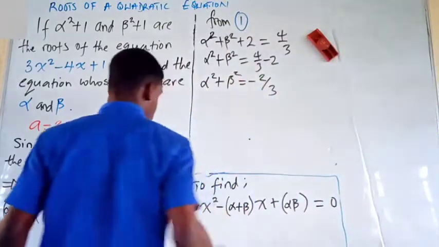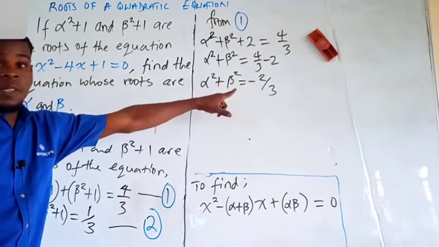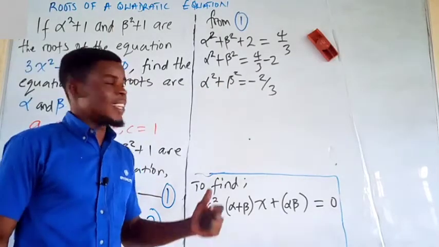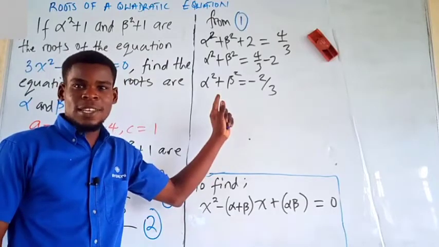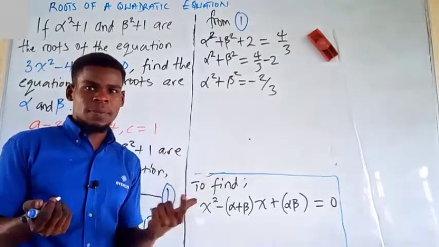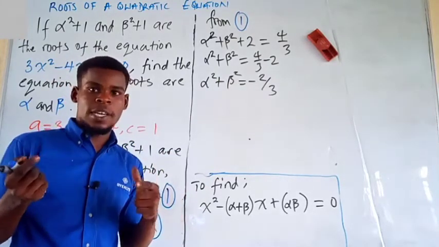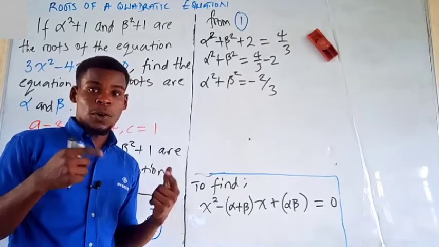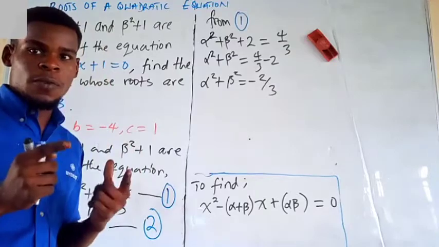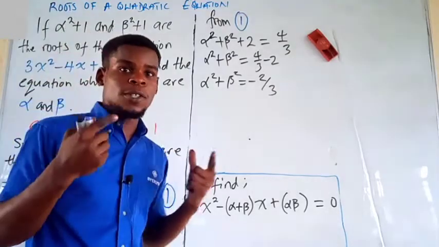Okay, so we continue that alpha squared plus beta squared is equal to negative 2 over 3. I don't know if you can see that this is a little bit awkward. When you square something, the result is going to be non-negative. It's either going to be 0 or greater than 0. For all real numbers, the square of negative 1 will be positive 1, the square of negative 10 will be positive 100.